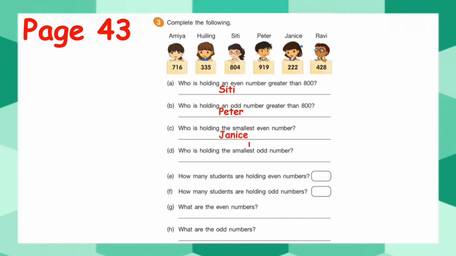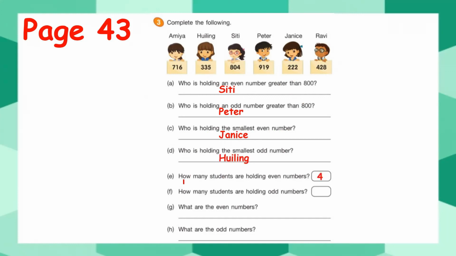She is Janice. Next, letter D. Who is holding the smallest odd number? Smallest odd number. Who do you think? She is Hoiling.